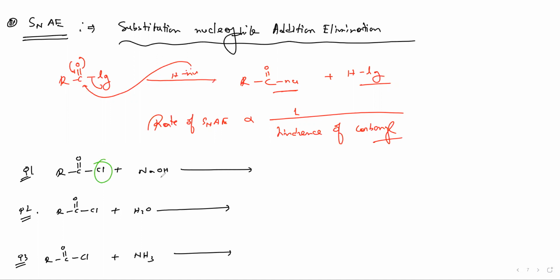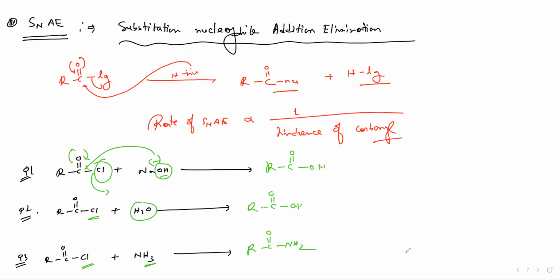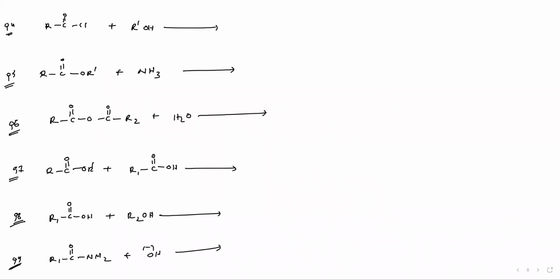This one is the leaving group. This one is a nucleophile. So nucleophile addition takes place, nothing else. Here, instead of Cl, OH will be added. Again, similar. Here, Cl removes, one hydrogen removes, NH2 is added. Solve it. Okay. Giving you 10 minutes time.